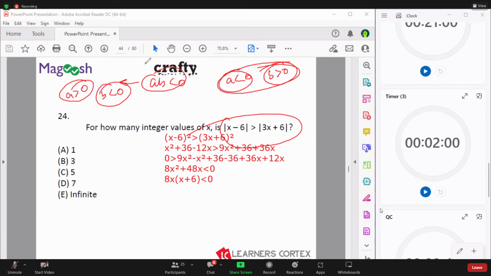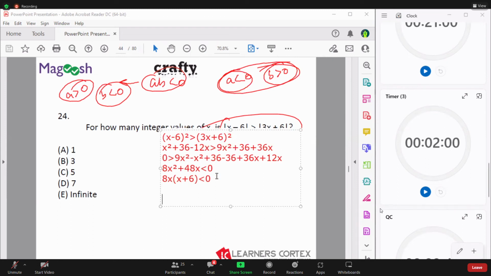Now, let's consider the same possibilities for this particular inequality. If 8x is less than 0, then x shall be less than 0. And if 8x is less than 0, then x plus 6 would be greater than 0, so x would be greater than minus 6. Is it understandable till here?